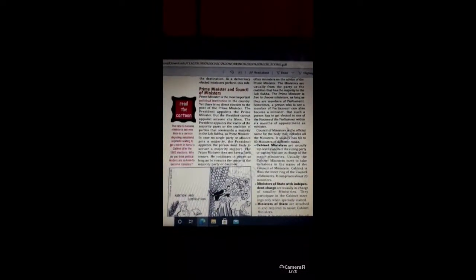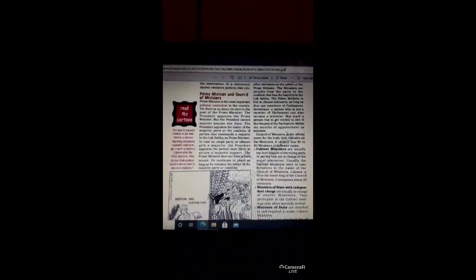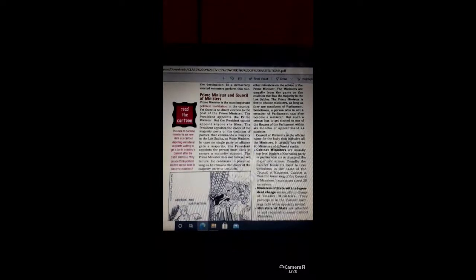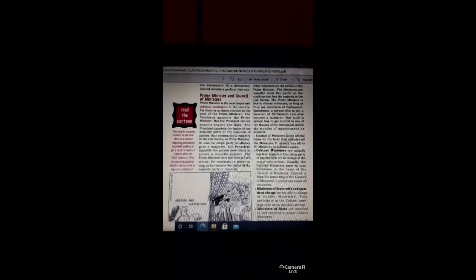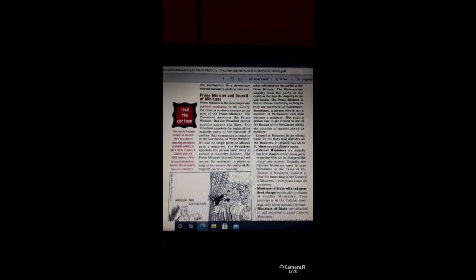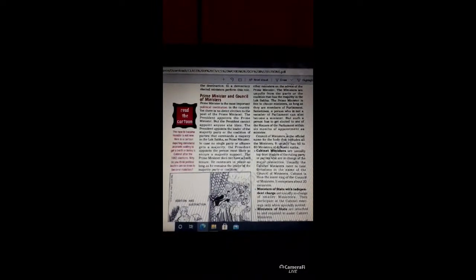First is the cabinet minister, as shown on my monitor. Cabinet ministers are usually top level leaders of the ruling party or parties who are in charge of the major ministries. The cabinet is the inner ring of the Council of Ministers and comprises about 20 to 25 ministries.